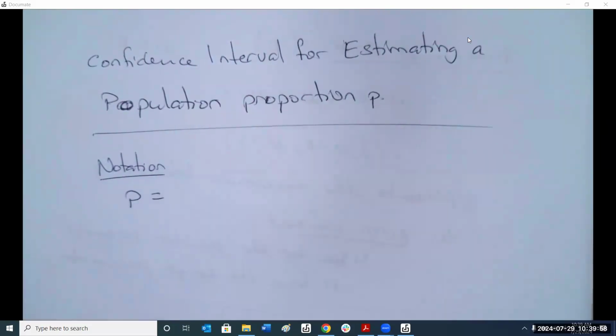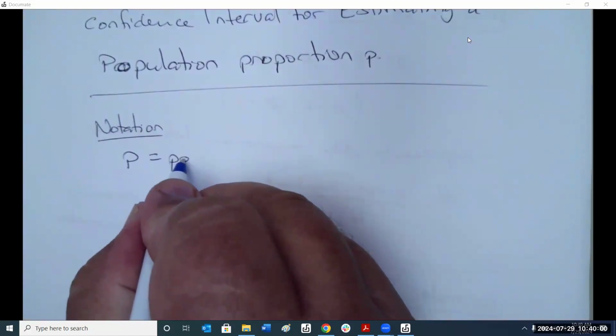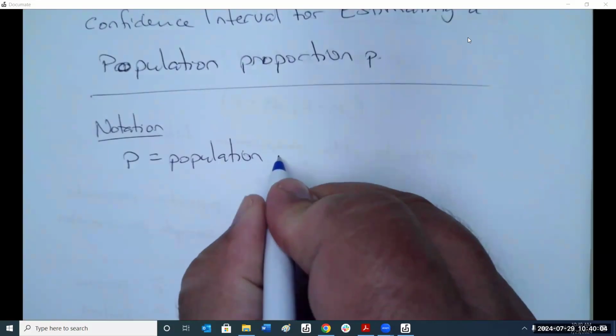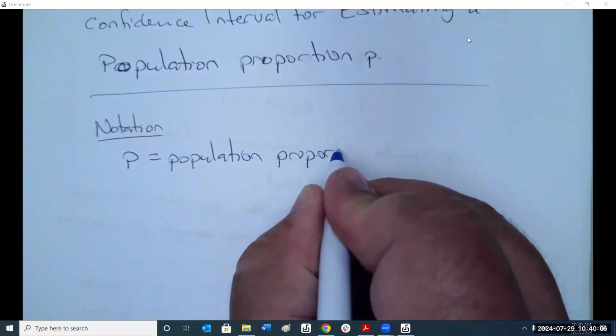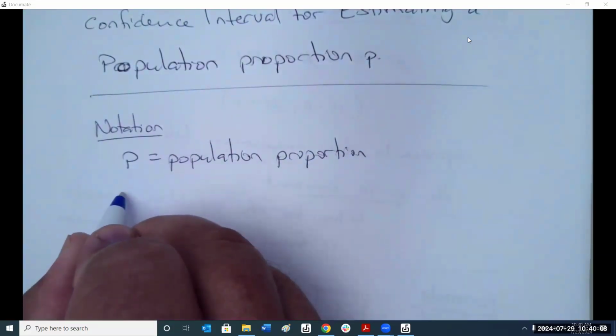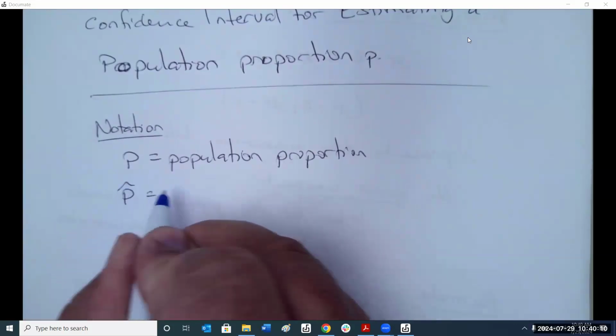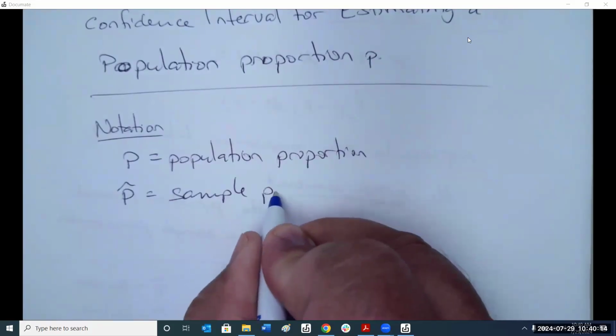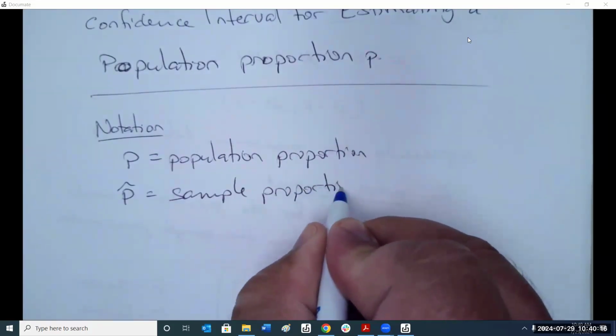The P, remember, that's our population proportion. The P hat is the sample proportion.